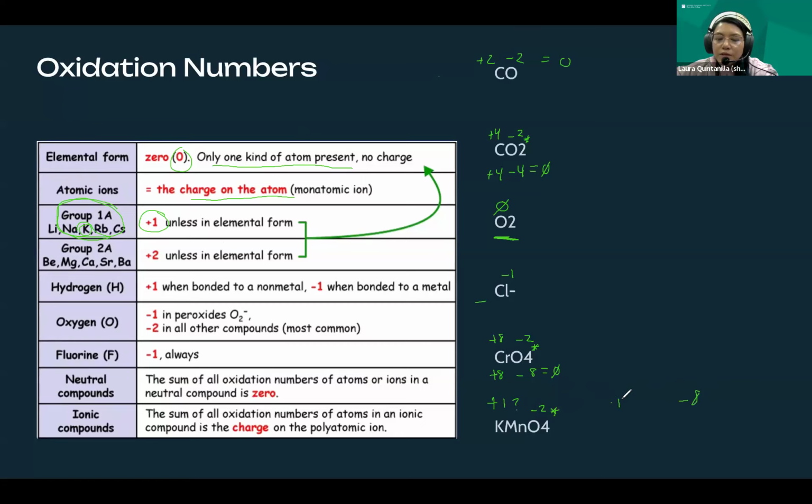We had a +1 from the potassium, and then we still need to figure out the manganese, so we need it to equal 0. So it's like 1 plus what minus 8 will give us 0. We need the positive charges to equal 8. We already have 1, so I just need 7 more. So that manganese has a +7 oxidation number. So you're usually going to use some rule that's already present to find out the oxidation number for the other partner.